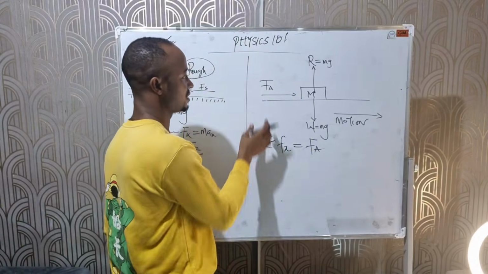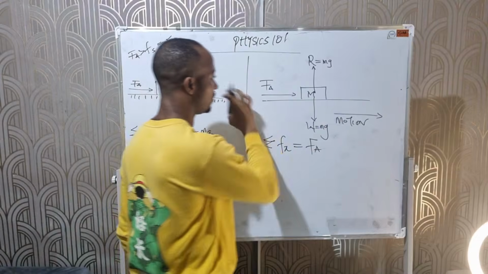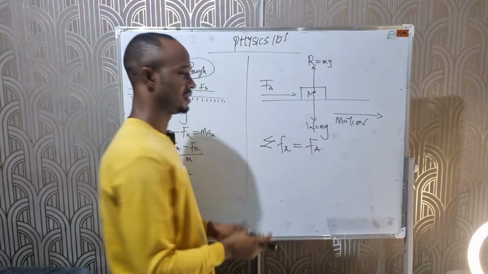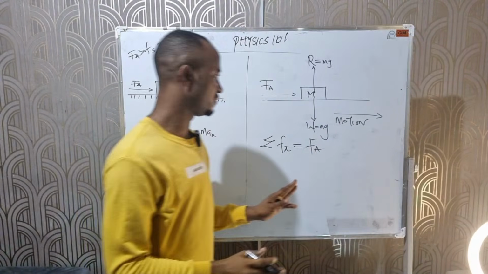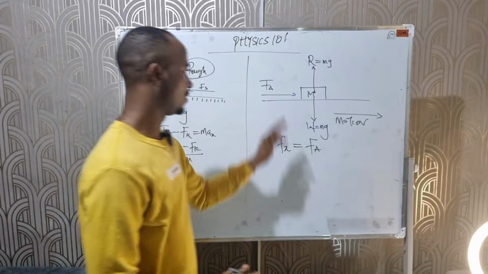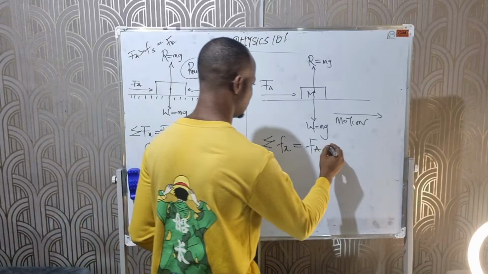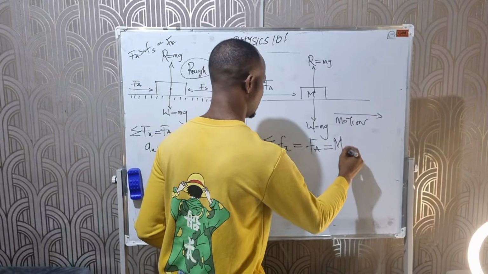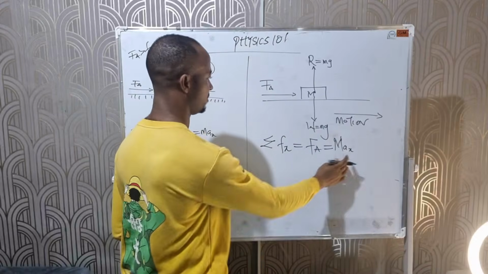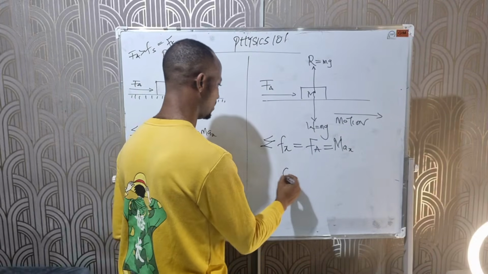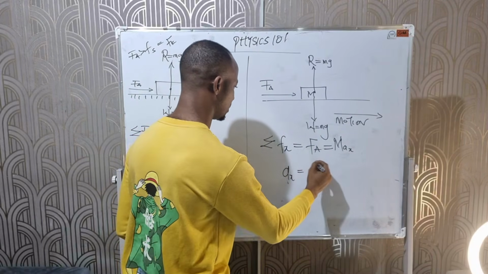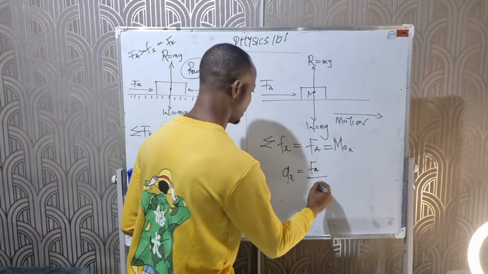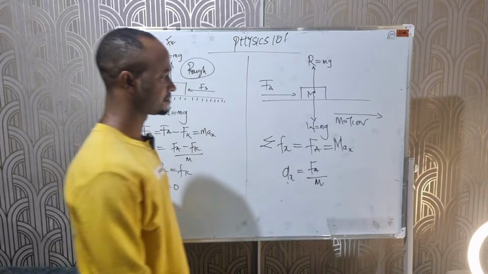Since the only force is the applied force, the sum of all the horizontal forces that cause the body to move is simply Fa, which equals m times ax. So from here I can find my acceleration, ax equals the applied force divided by m.